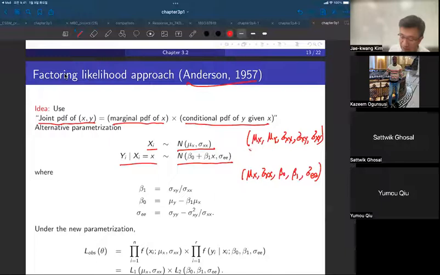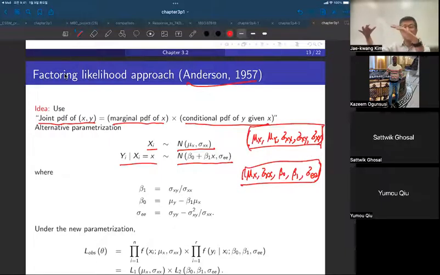So this one and this one are one-to-one. If you know one set, you can construct the other, and vice versa. Mu x, sigma xx, beta 0, beta 1, sigma EE.